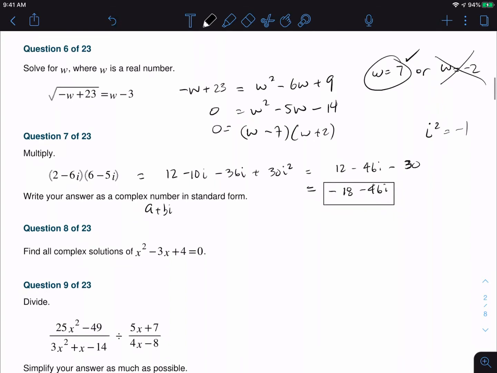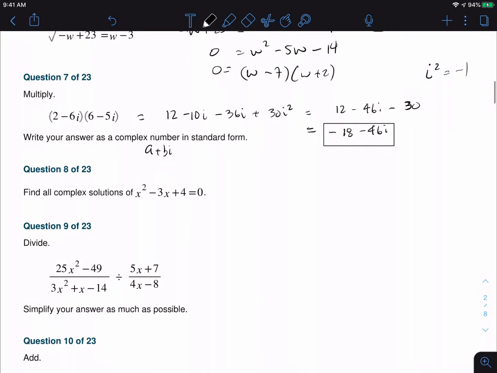All right. Now, solving for complex roots. This problem here we can see is going to be complex because we don't have factors of 4 that add up to a negative 3, and so we're going to have some solutions that are complex. And the way we do a problem like this when it's not factorable, we're going to use the quadratic formula.